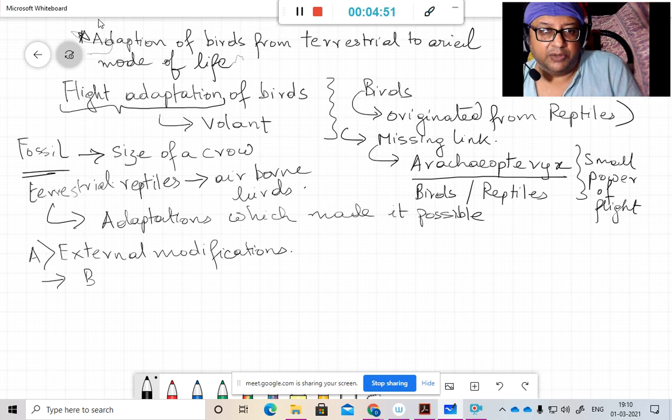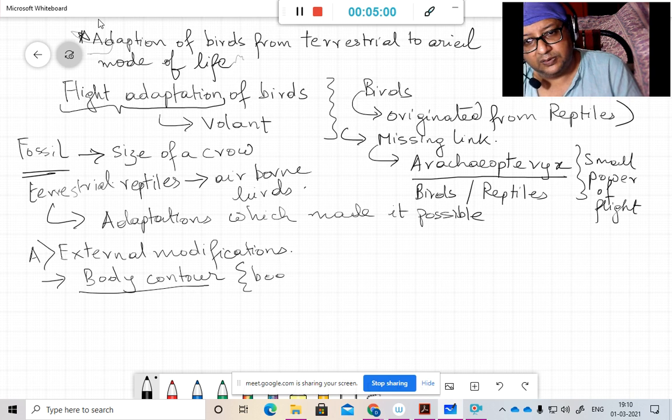First, let's talk about body contour or body shape.